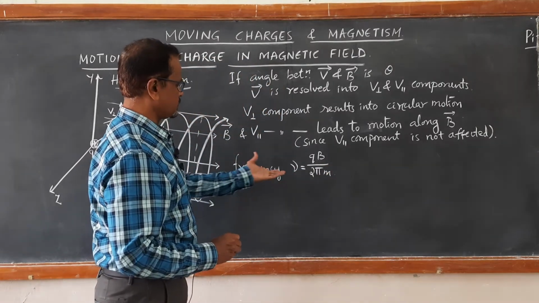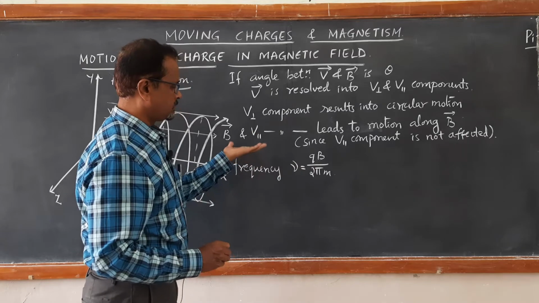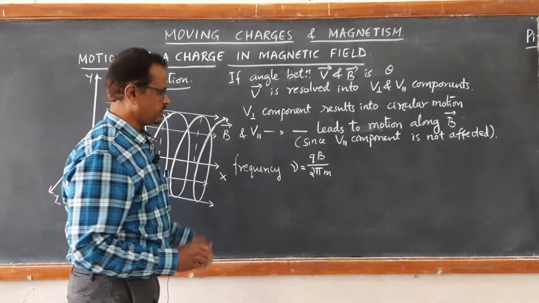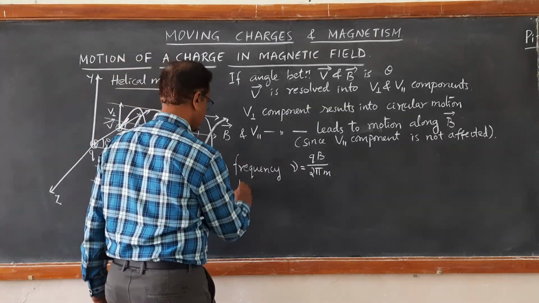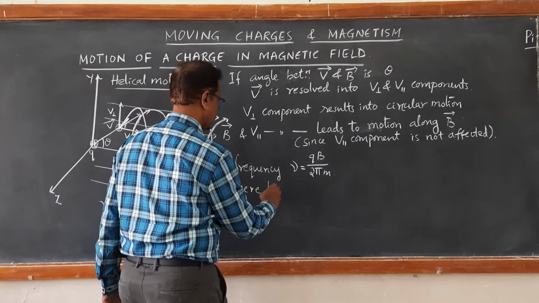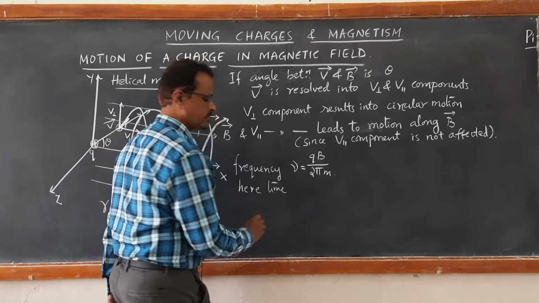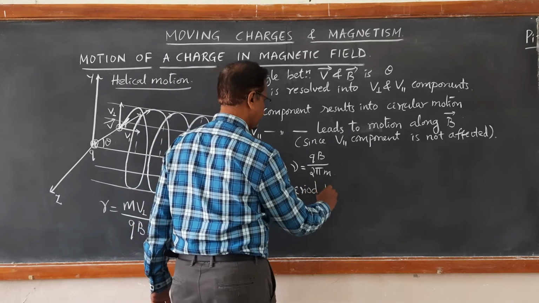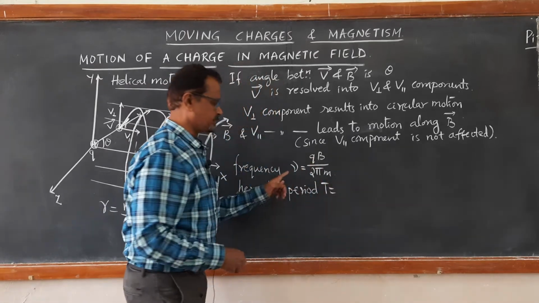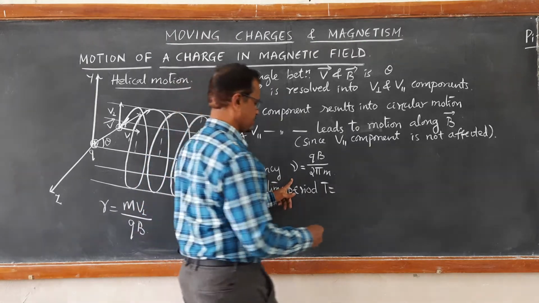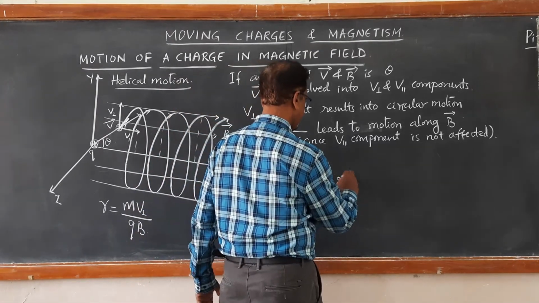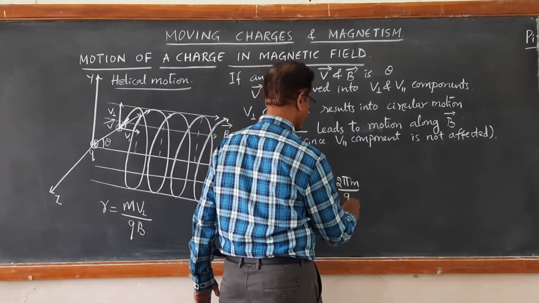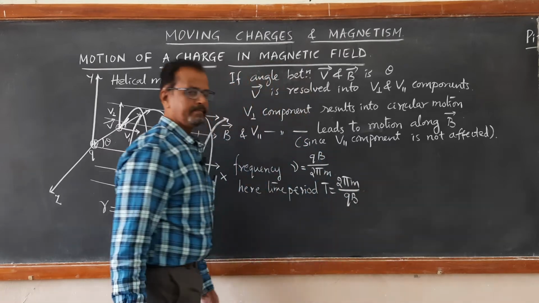Since the time period is 1 by frequency, the time taken for one revolution is called the time period. Time period T is equal to the reciprocal of frequency. So it becomes 2 pi m upon qB.